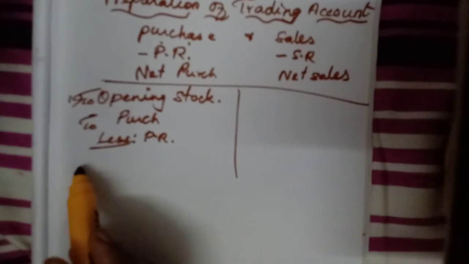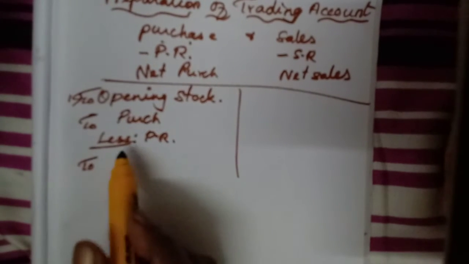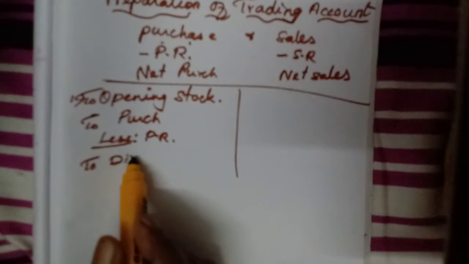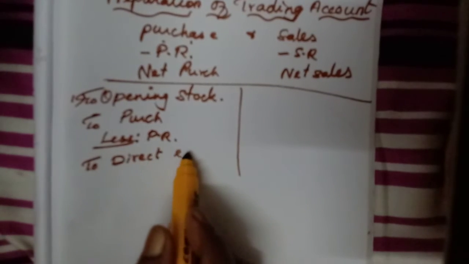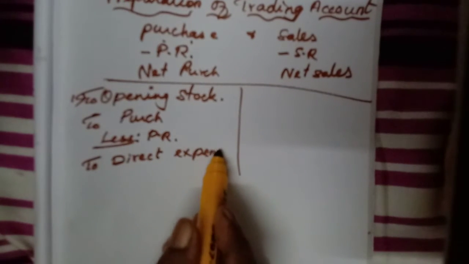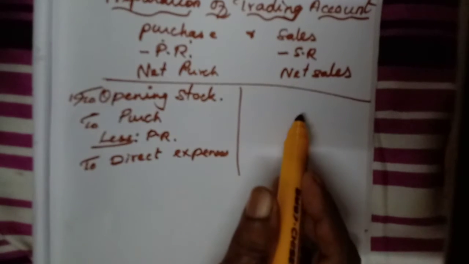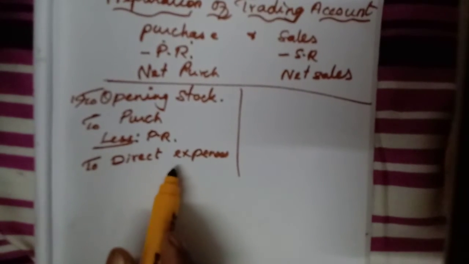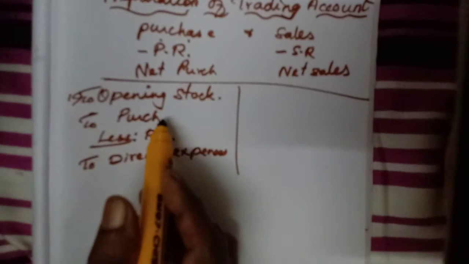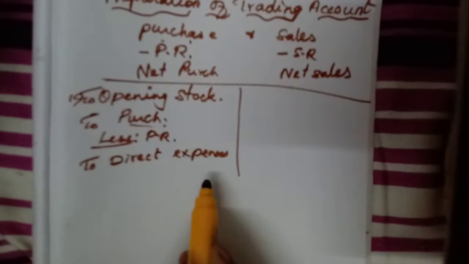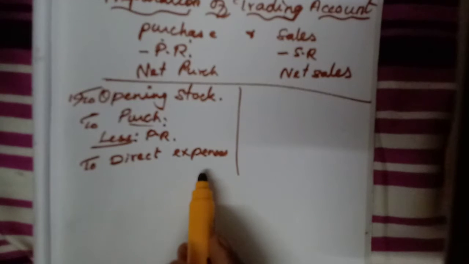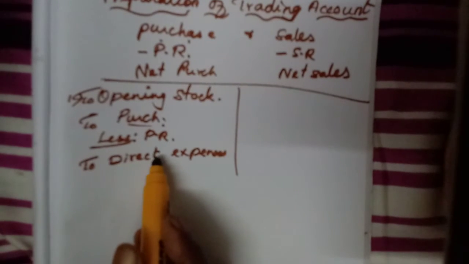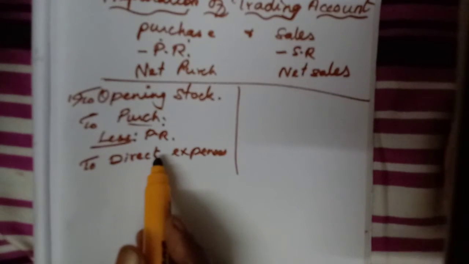Then we need to add the expenses. Here the direct expenses we have to take. So here you have to use 2 pages, left side, right side. Direct expenses means all the expenses related to the purchase of goods, not selling of goods, only purchase of goods. Office expense, administration expense, selling expense should not be taken.